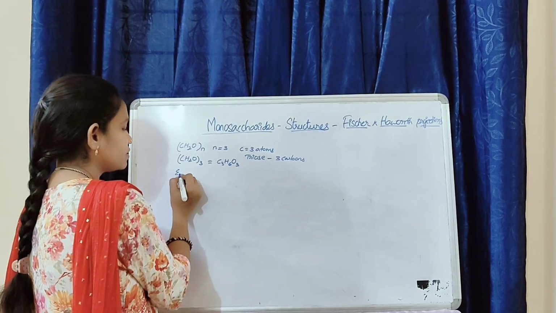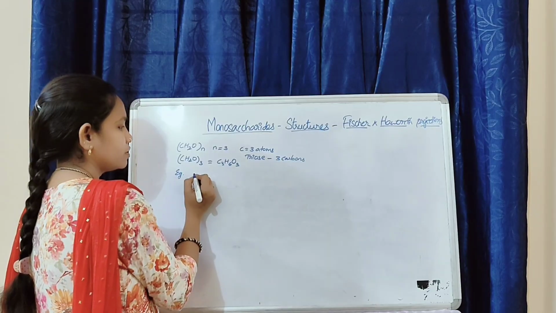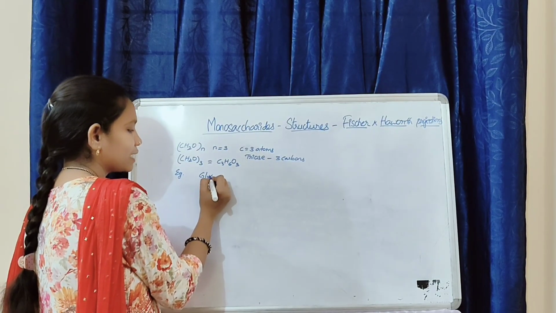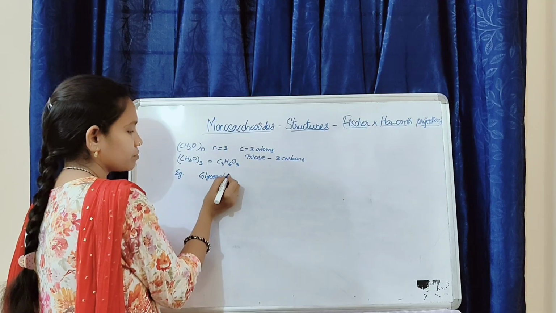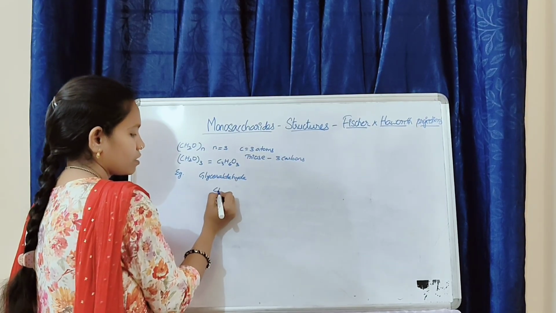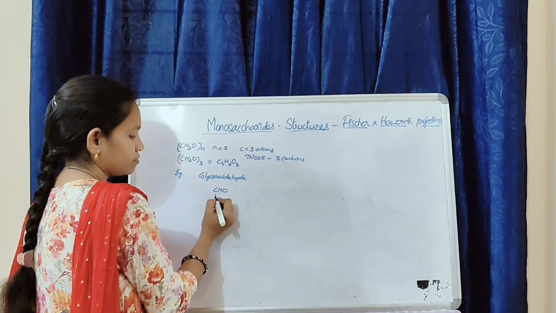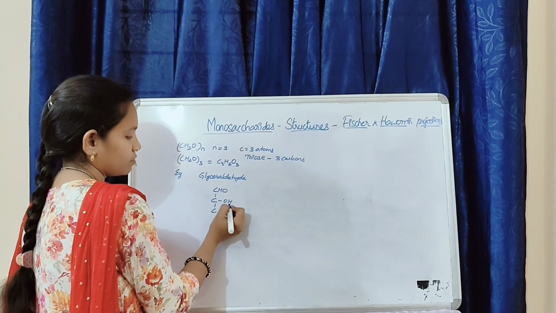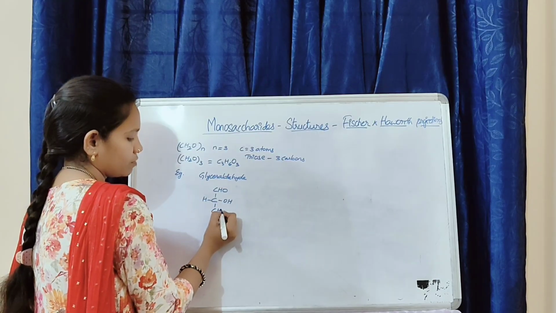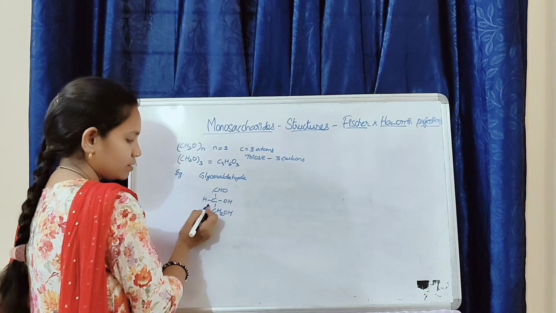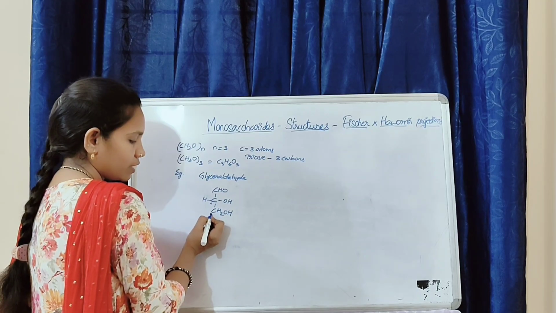Now let's say with example, triose is glyceraldehyde. So if you start numbering the carbon atoms, carbon 1, carbon 2, and carbon 3.